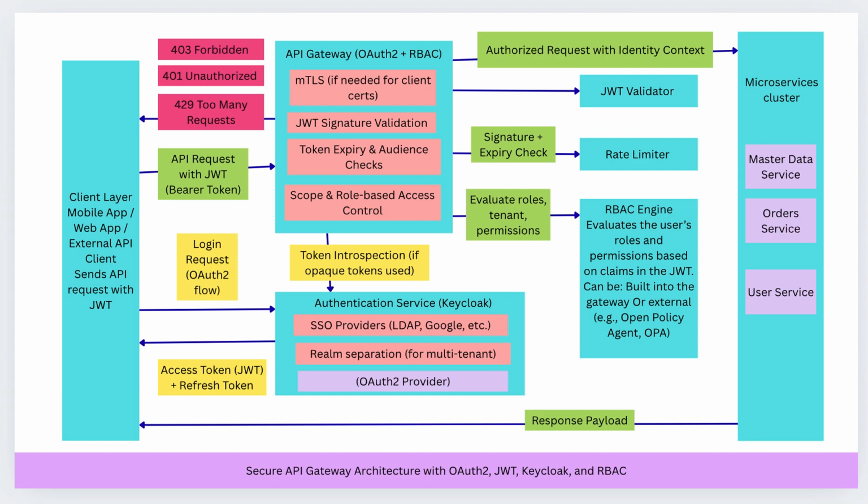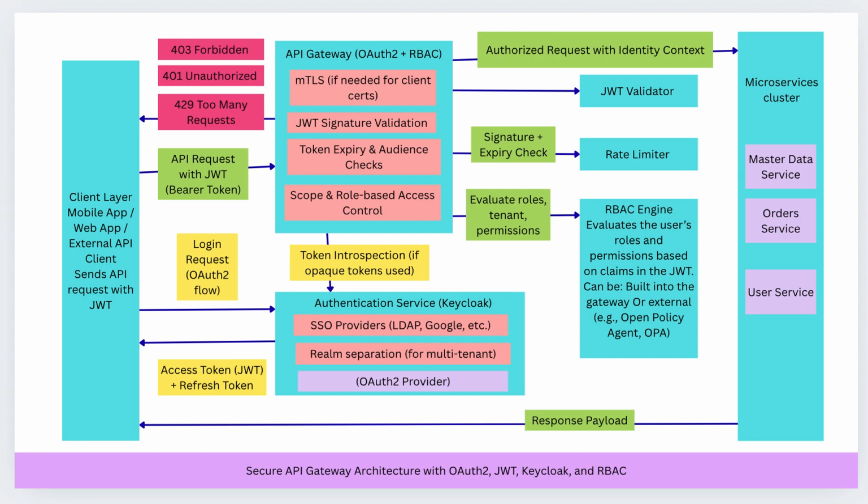Then we have forwarding to the protected microservices. So the process here is that if the token is valid and access is allowed, the API gateway routes the request to the appropriate microservice.